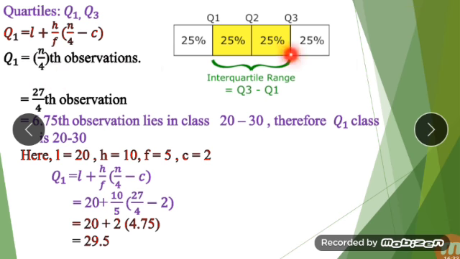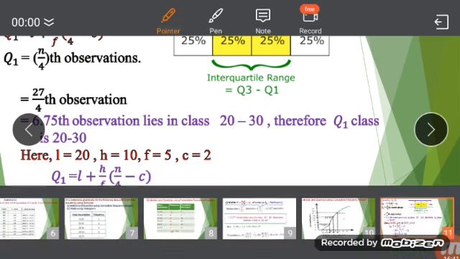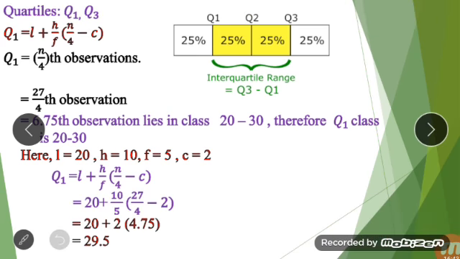The denominator shows in how many parts the data is divided, 4 parts, and how many parts we have to select: 1 part, because quartile 1 covers 1 part of the data, the 25%. The numerator shows how many parts are obtained. So from 27 we can obtain 1 part. So 27 divided by 4, we will get 6.75, the 1 part of the observation.